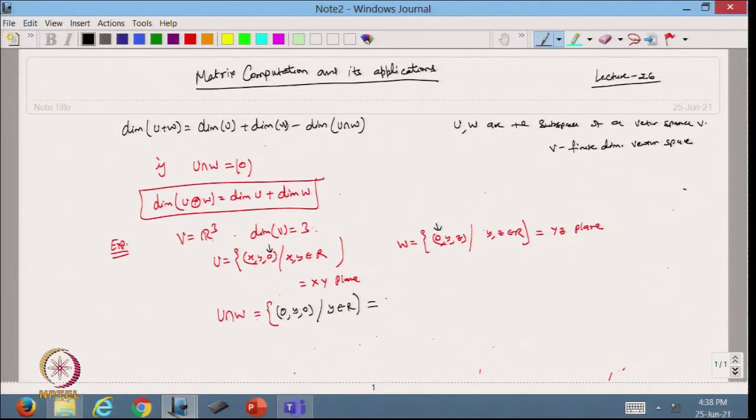Basically it is the y axis. We also know that the dimension of U is 2, the dimension of W is also 2, and the dimension of U intersection W is just the one line, so it is 1.